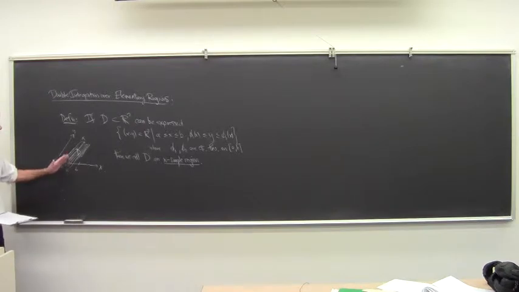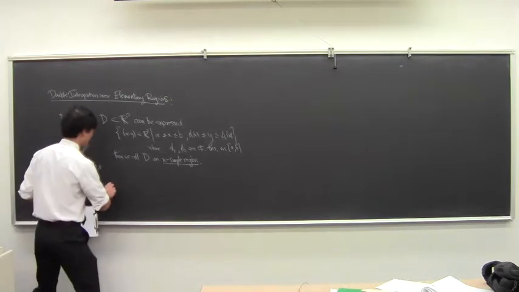Okay, so this is D, and you see that D is simple in the sense that the x values range from A to B, and the y values depend on x and lie between two functions of x, like a low function and a high function. Okay.